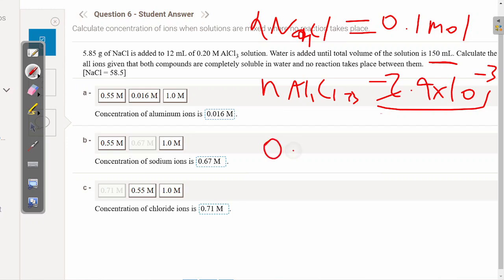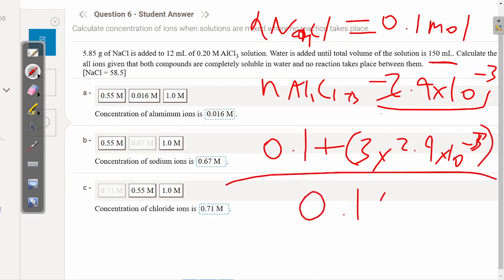In the first one it's 0.1 because 1 to 1 again, plus in the second one it's AlCl3, so it will be 3 times 2.4 times 10 to the negative 3, all of that over 0.15. You will get 0.7146, so it's just 0.71.